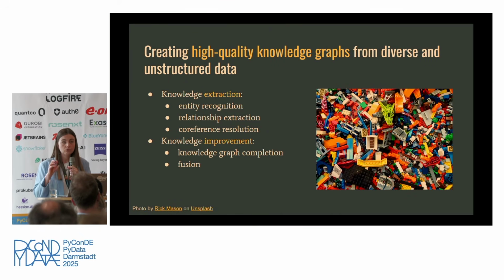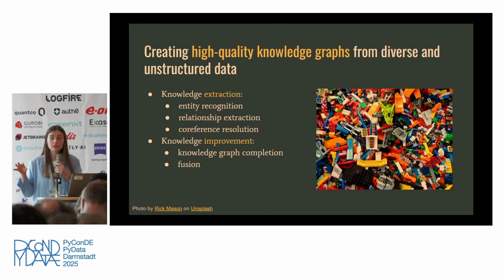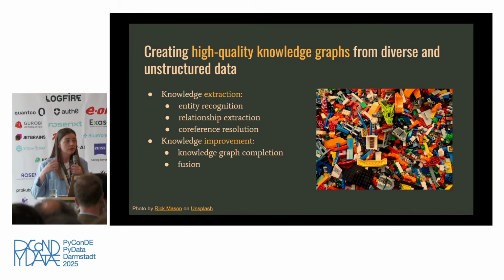You want to focus on entities, recognize these entities, recognize the relationships between them, and do co-reference resolution. It means that if in one sentence the company is referred to as the company, and in another sentence it is referred to as the supplier, you need to understand that it is actually about the same company.